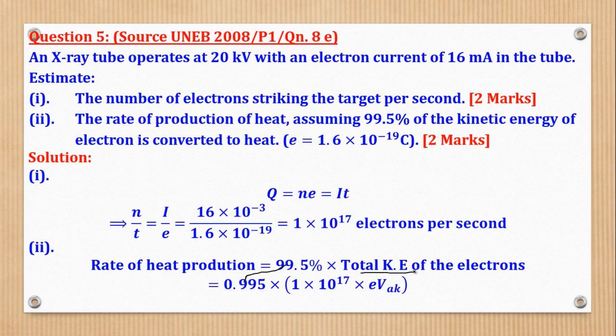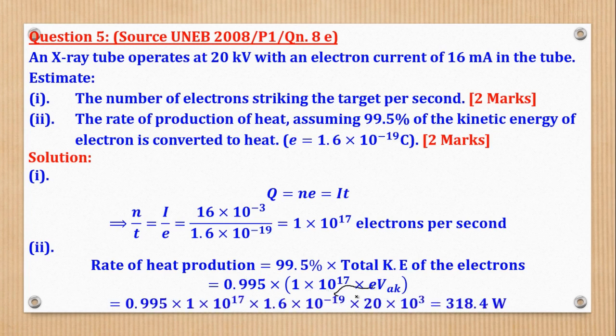Then total kinetic energy, remember this is the energy for one electron. But how many electrons are there? They are 1 x 10^17 electrons. Therefore the total will be the kinetic energy of each electron times the total number of electrons. Then substitute for e and V_AK and use the calculator to come up with this as the rate of production of heat.